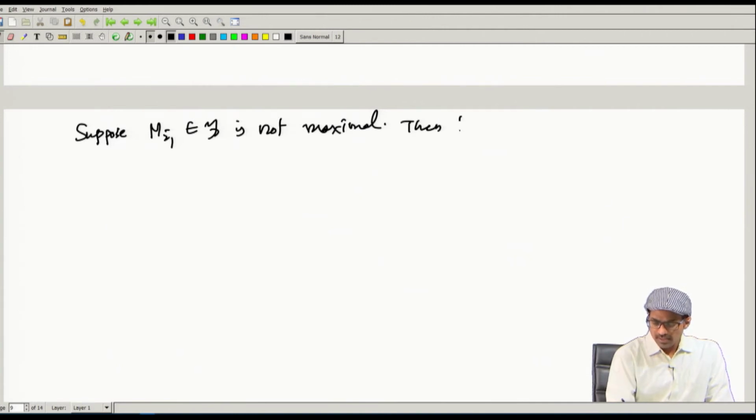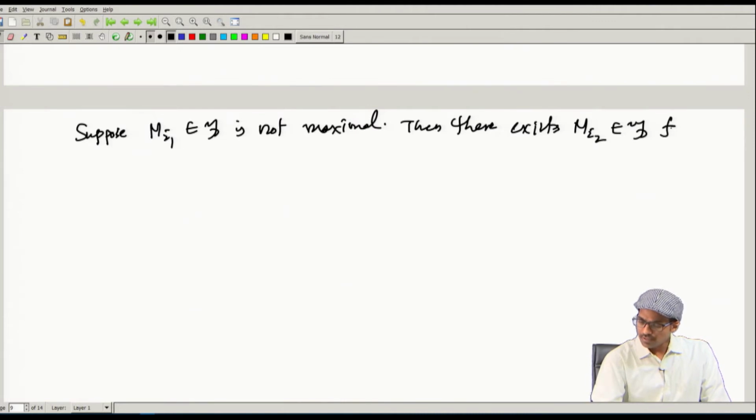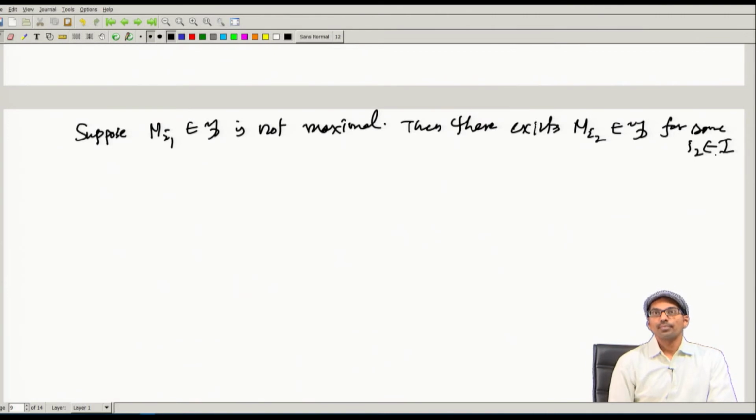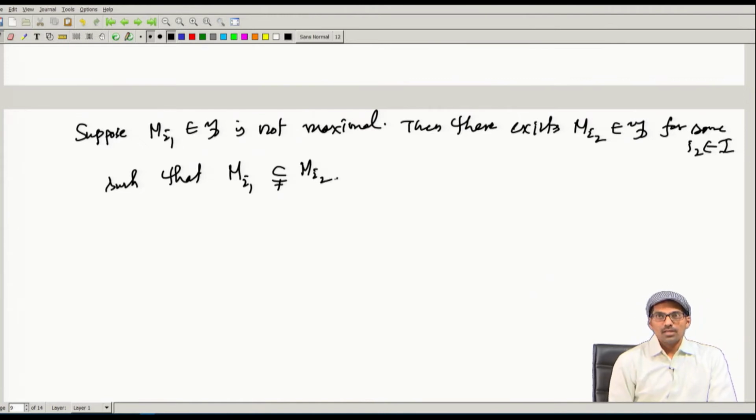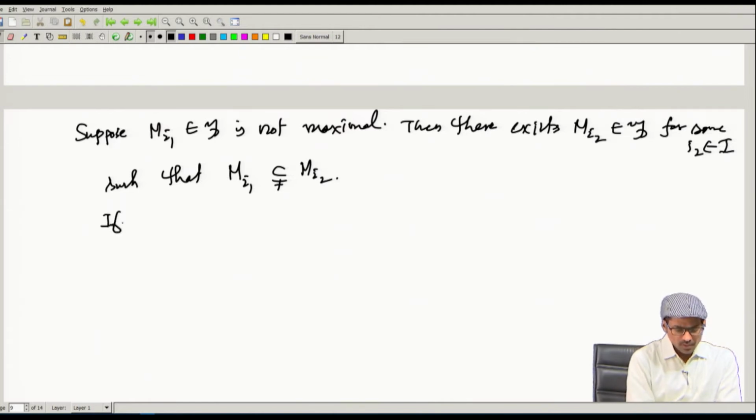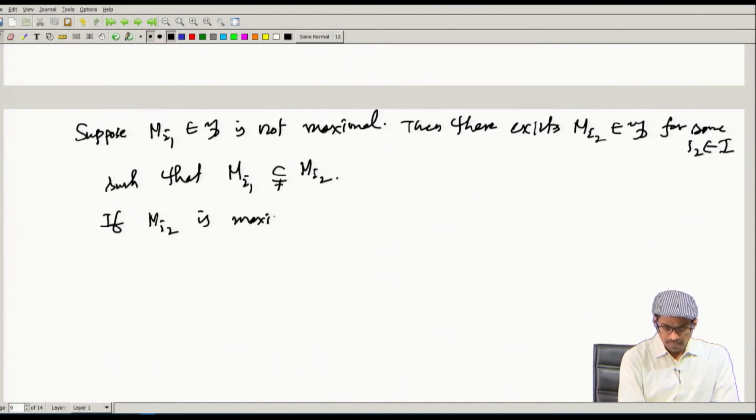Then there exists some M_i2 belonging to F, for some i2 in the index set I, such that M_i1 is strictly contained in M_i2. Again, if M_i2 is maximal, then we are done.